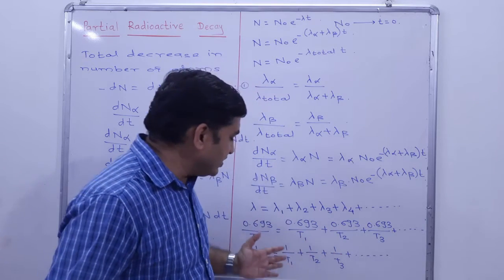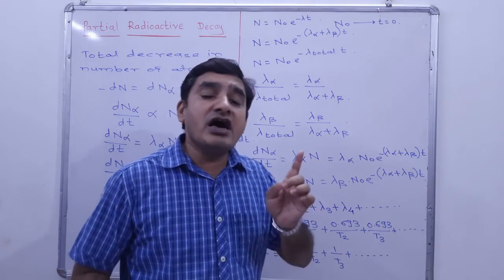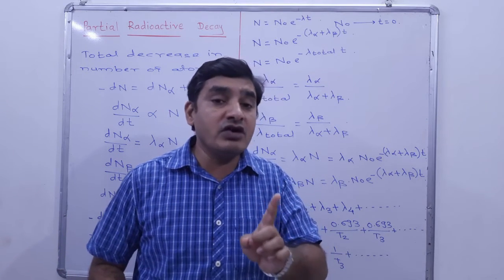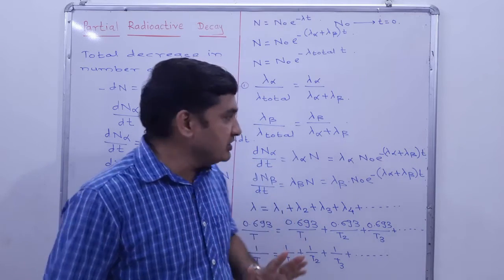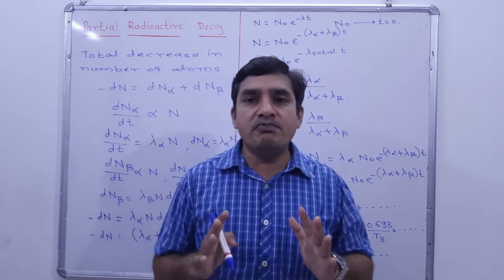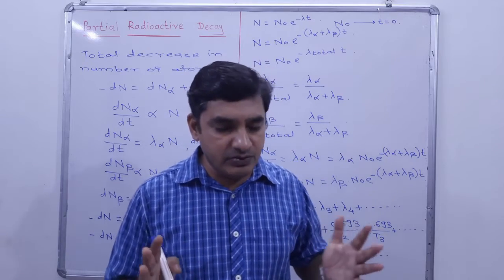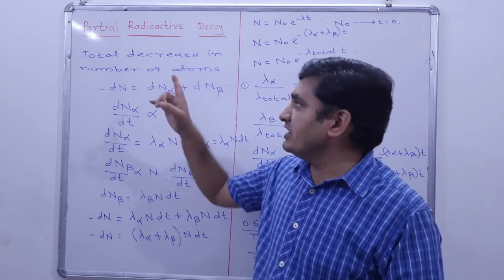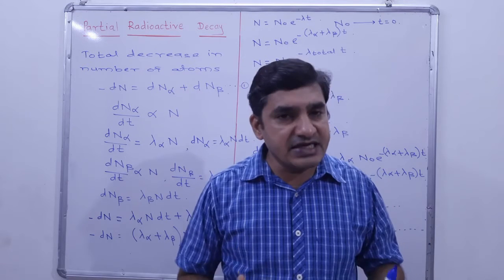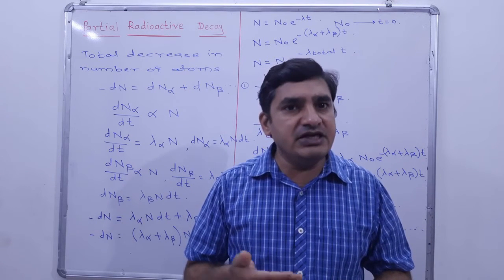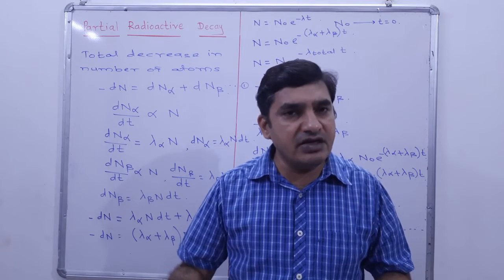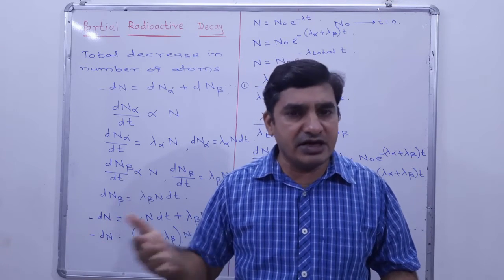So this represents the half-life for partial radioactive decay. In partial radioactive decay, the radioactive nuclei can disintegrate by alpha particles, beta particles and gamma radiations.